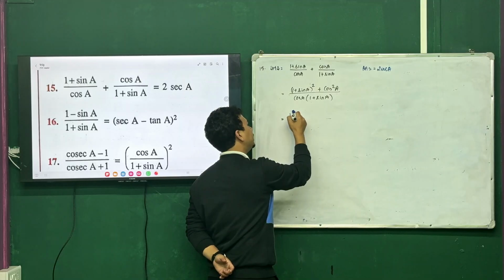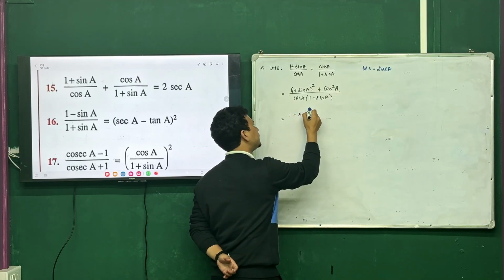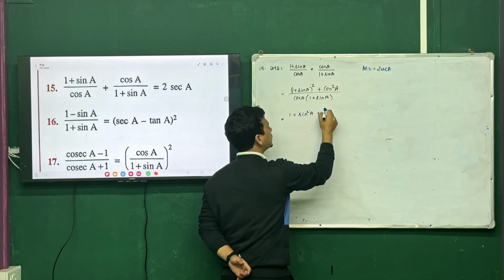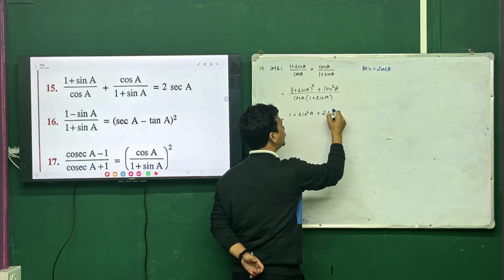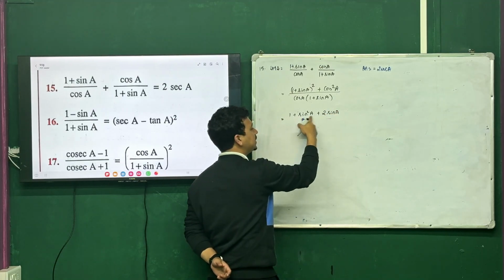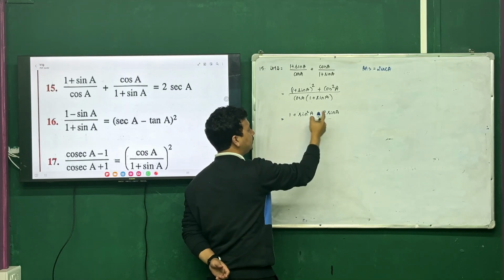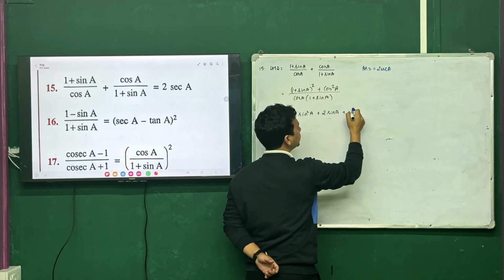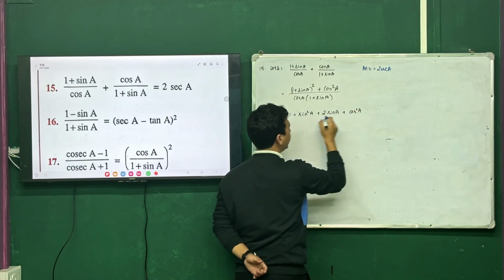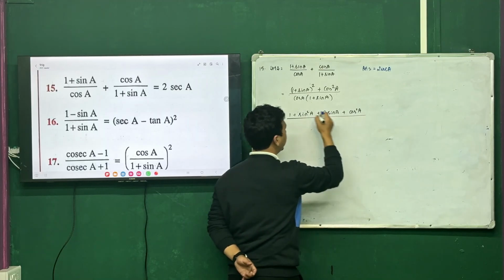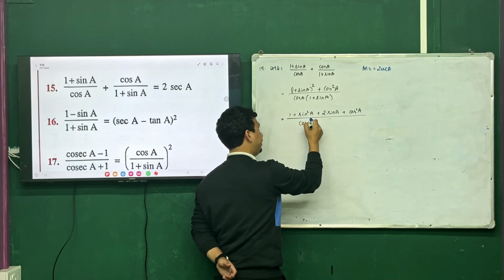So if you open the bracket, you get 1 plus sine square A plus 2 into 1 into sine A. This is A plus B whole thing square formula. So A square plus B square plus 2AB plus cos square A divided by, let's keep the denominators same.